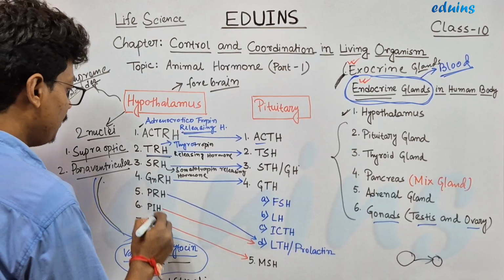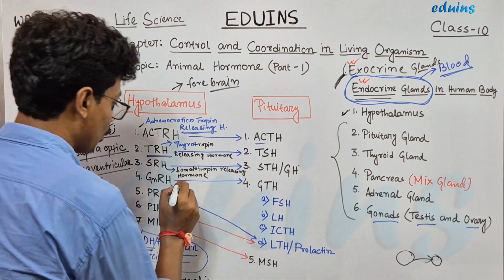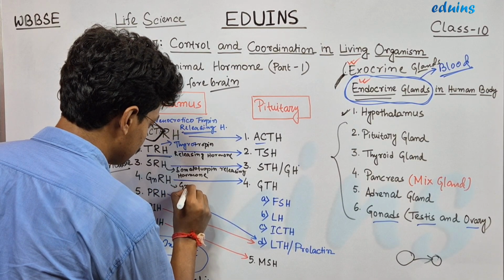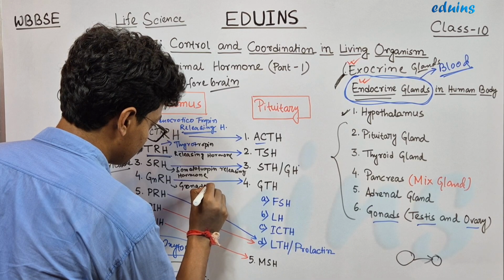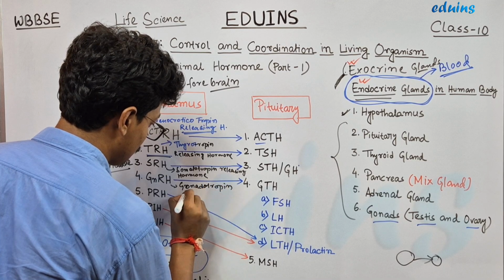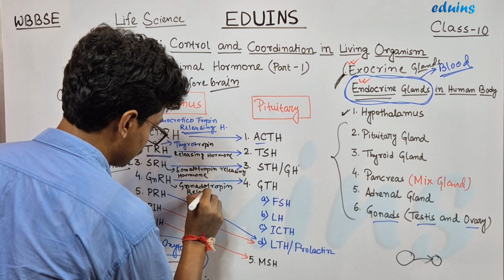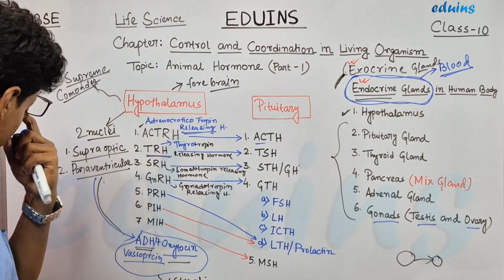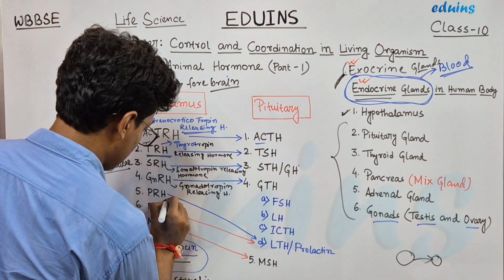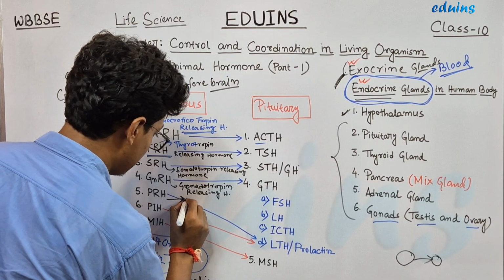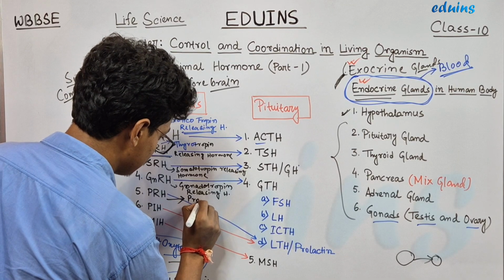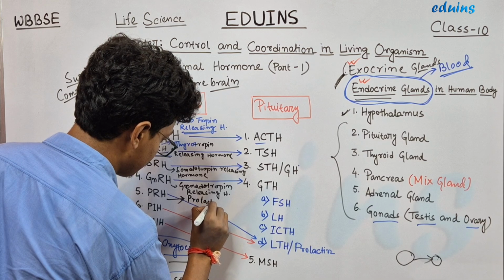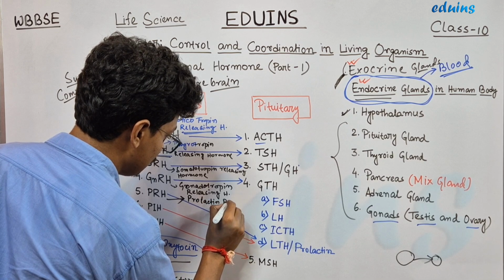Number 4, GnRH, gonadotropin releasing hormone. Number 5 is the PRH, which is prolactin releasing hormone.